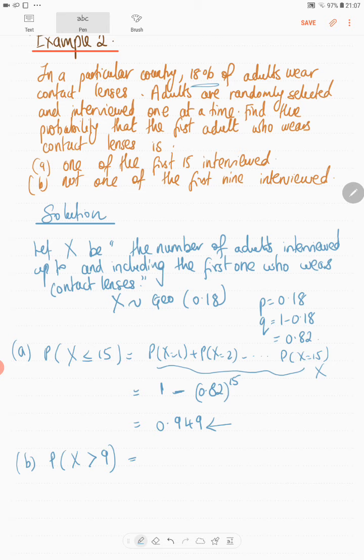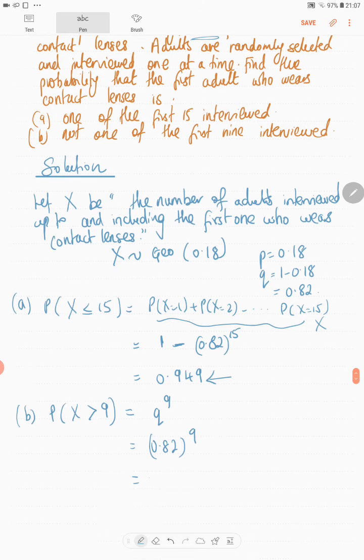The first success, the first person who wears contact lenses, must be after the 9th person. So the first 9 persons will not wear contact lenses. So we have failure 9 times, so it is q power 9, which is 0.82 power 9, which is 0.168.